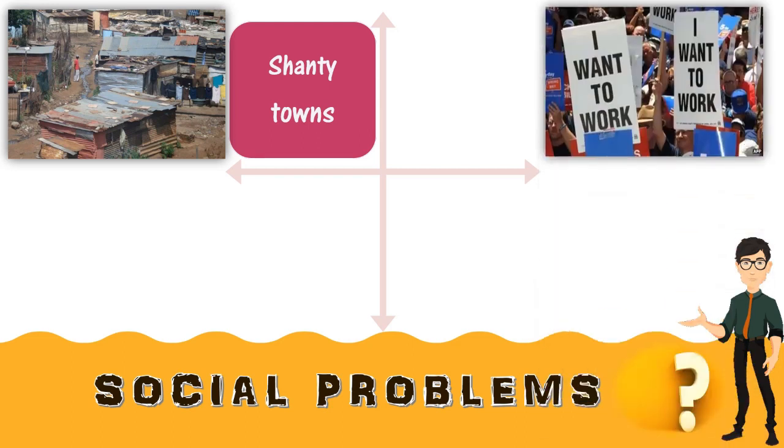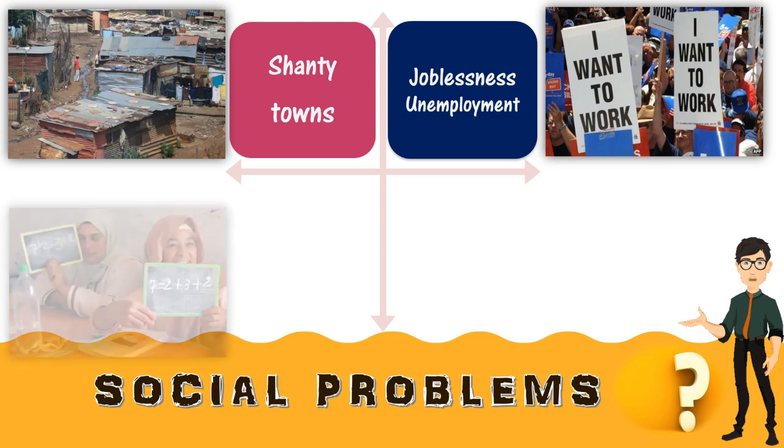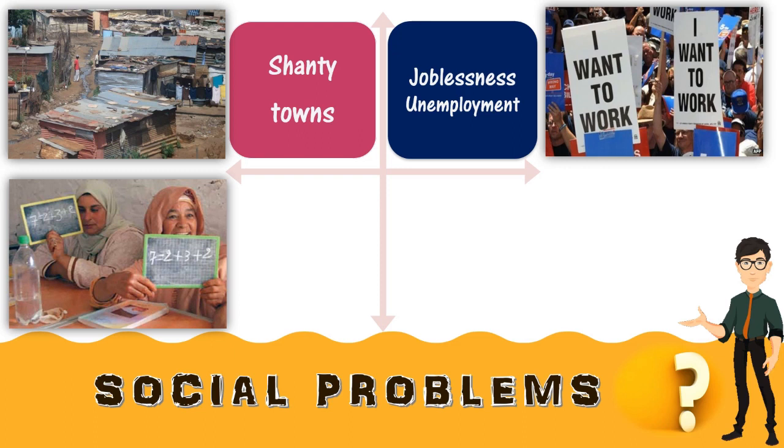Another problem is the fact that people do not or cannot find a job. This is named joblessness, or unemployment. Another common problem is illiteracy.